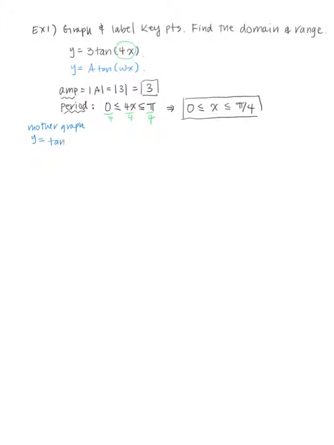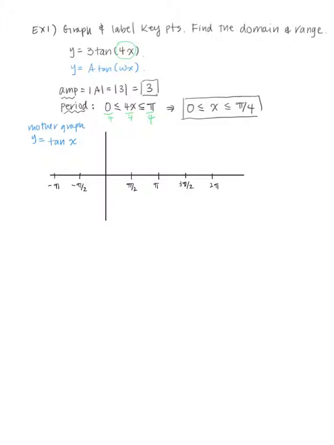Okay, so let's just graph this out, and I'm going to start out with the mother graph, y equals tan of x. I am so not good at graphing. Okay, so I'm just going to go pi over 2, pi, 3 pi over 2, 2 pi, and then negative pi over 2 and negative pi. Alright, we got this.